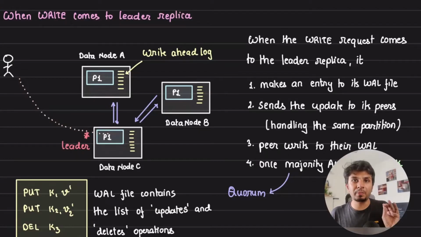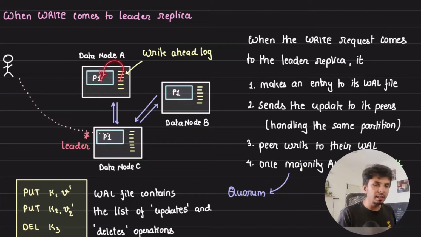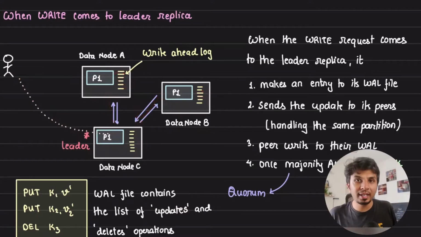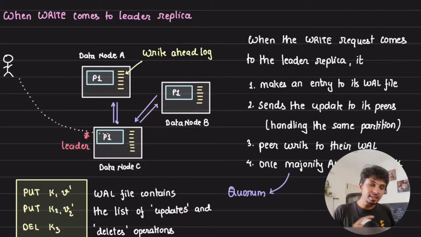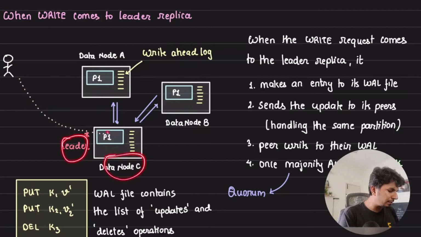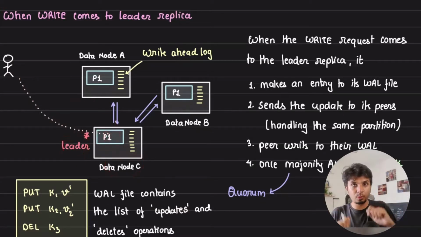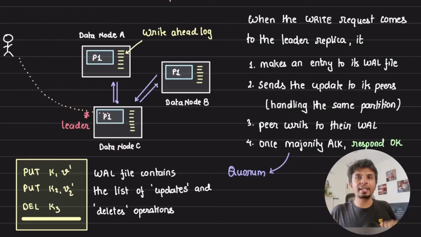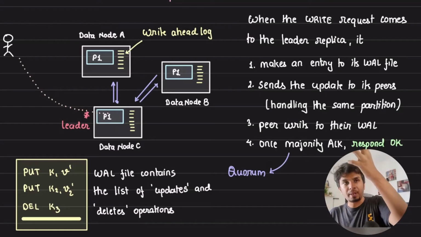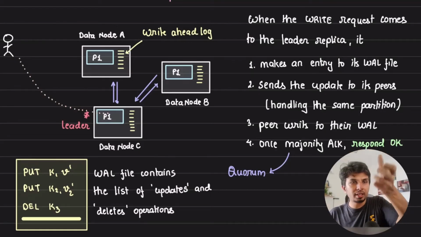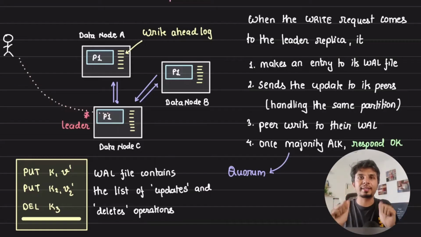Basically for durability purposes, instead of waiting to change data in their table, it is better that they just make an entry of that write and acknowledge it: hey, we have made an entry in the write ahead log file. And once data node C, the leader of this partition, gets the acknowledgement from both of them, basically attains the quorum, it responds back to the client that the write is successful.